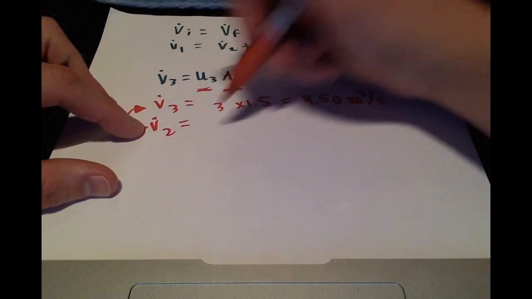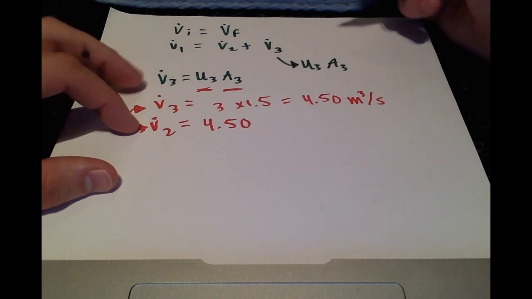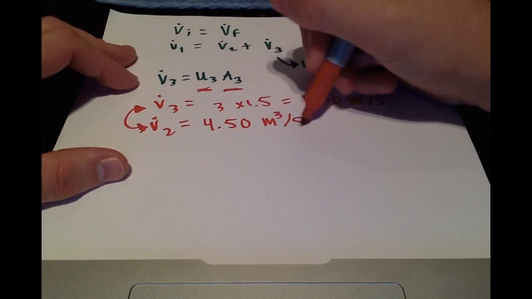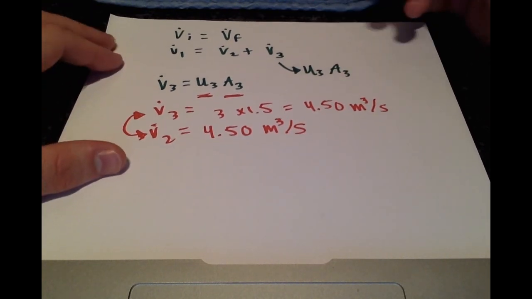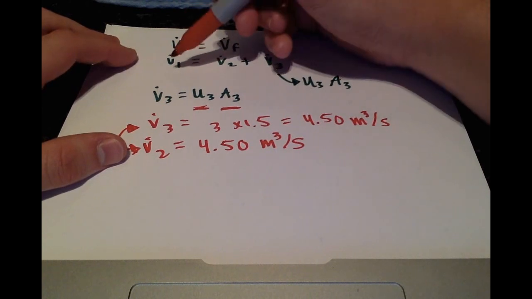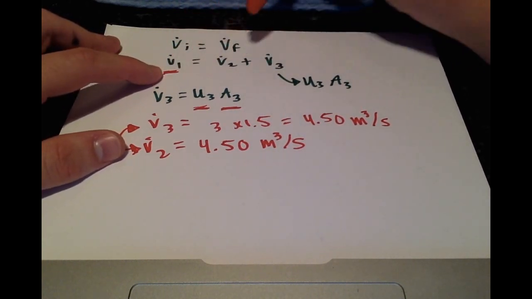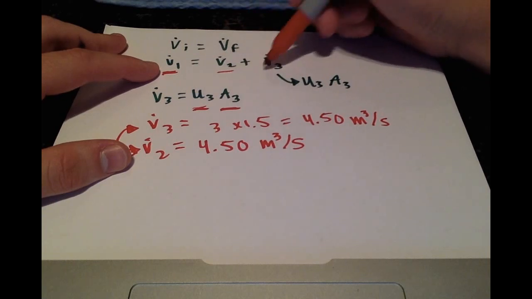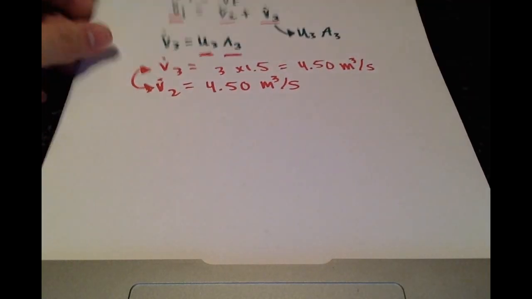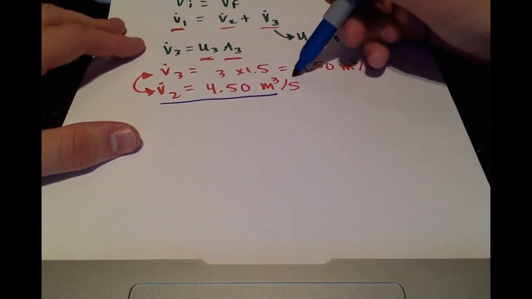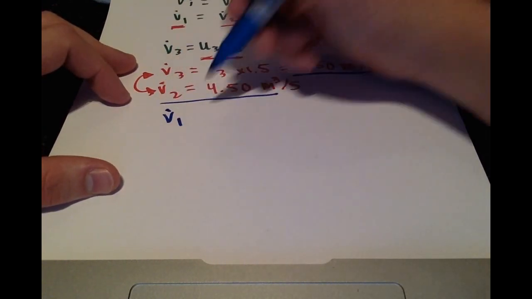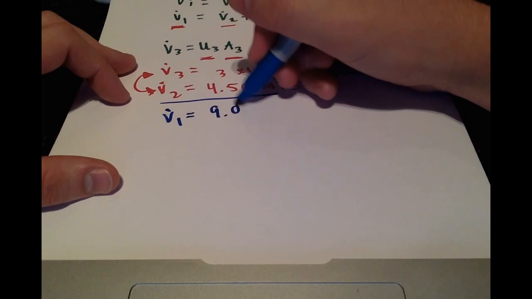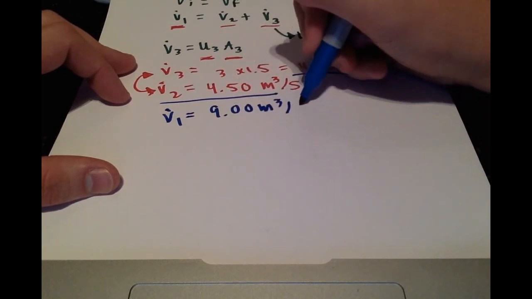So that means that this must also be 4.50 meters cubed per second. Okay. And from above, we have that the initial volumetric flow rate is going to be the sum of the second and third volumetric flow rates. Okay, so taking this volumetric flow rate and this volumetric flow rate, summing them, we get that our initial volumetric flow rate is 9.00 meters cubed per second.